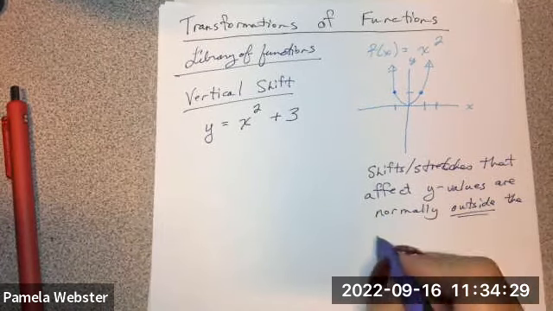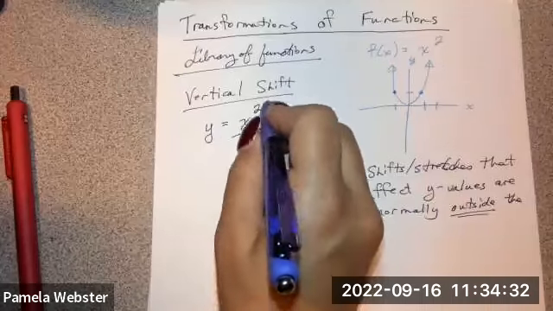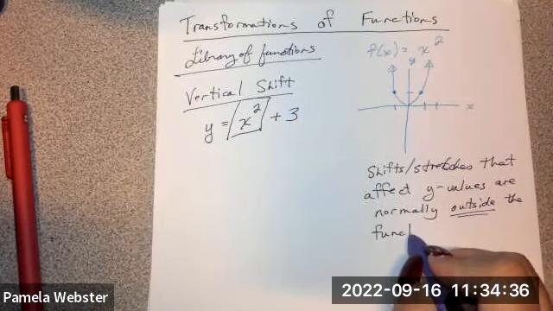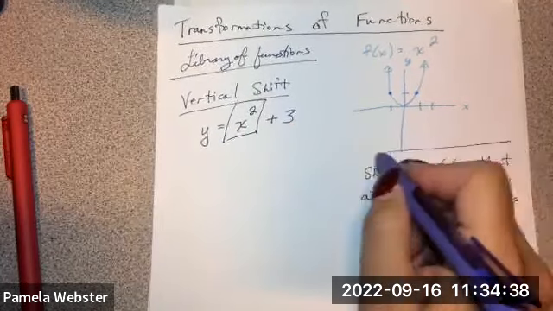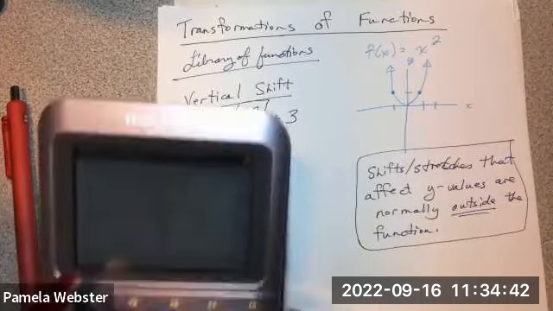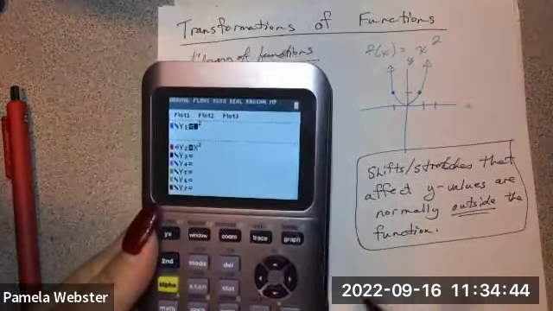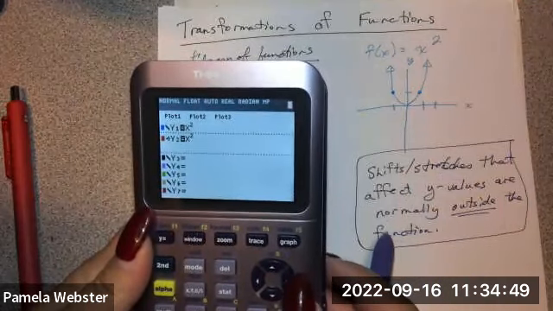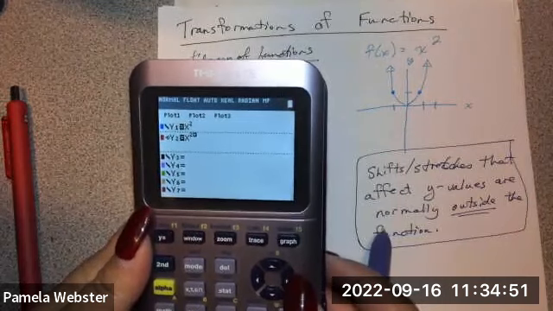Outside the function. And in this case, the original function is y equals x squared, right? Outside the function. So if I want to move this thing up and down, then I've got a plus 3 out there. When I come over here, I'm going to keep this original guy there, the y equals x squared. And then on the second line, I'm going to work on this.